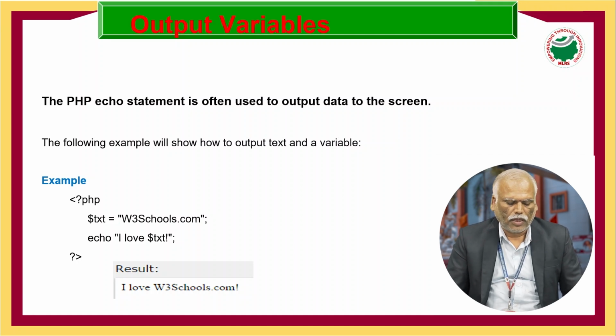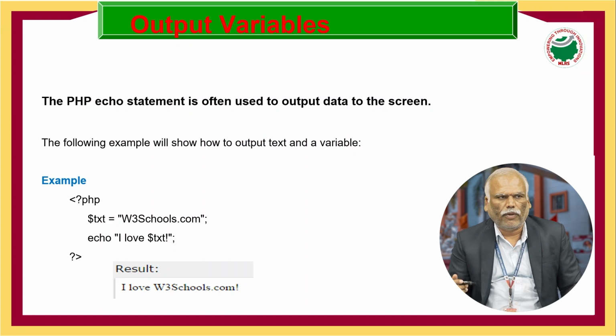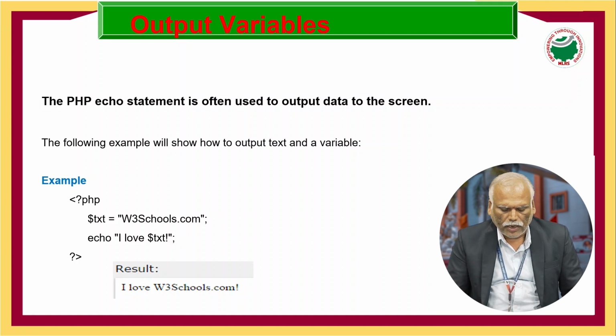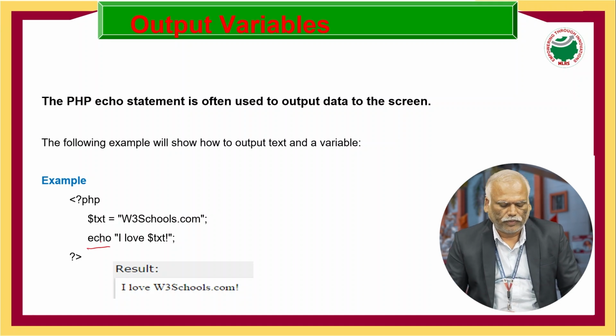Next, output variables. The PHP echo statement is often used to output data to the screen. As part of this, the information can be displayed in the output using statements like echo. Echo is one of the functions.